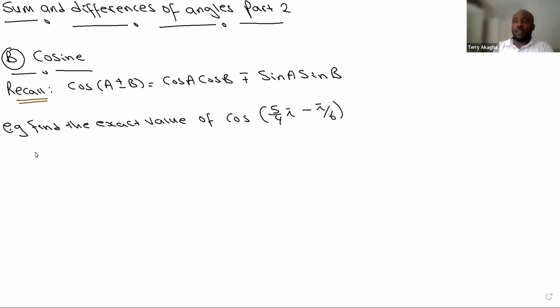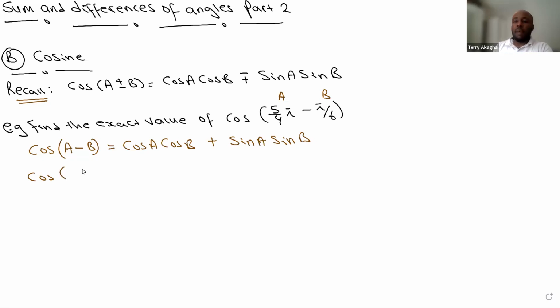So this is similar to saying it's cos(A minus B), because this is A and this is B. That gives cos A cos B, and because it is minus, this place is going to be plus sine A sine B.